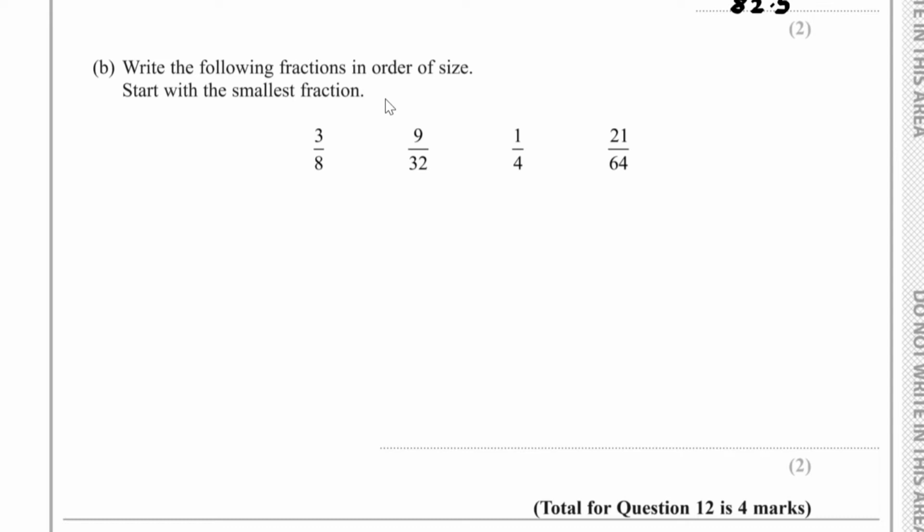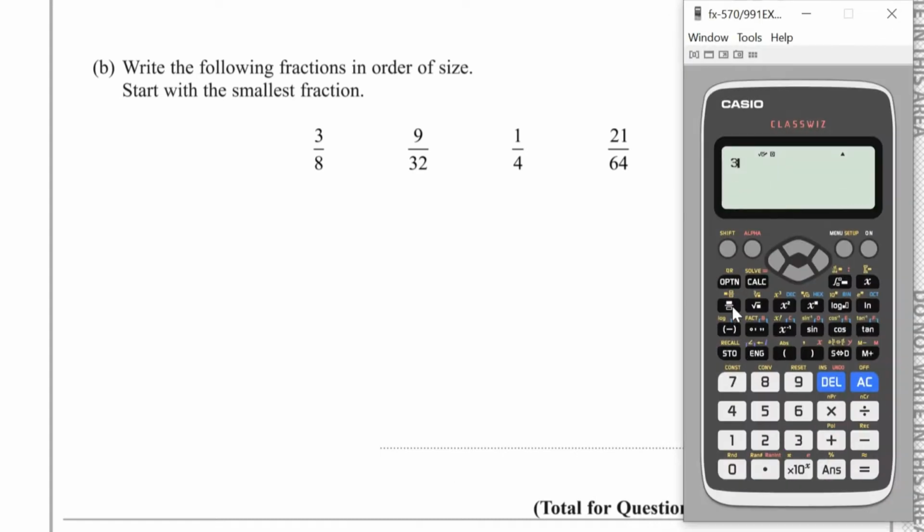There are a couple of ways of doing this. One way in which we can do this is to write each of these as decimals. So if I have 3/8, that as a decimal is 0.375.